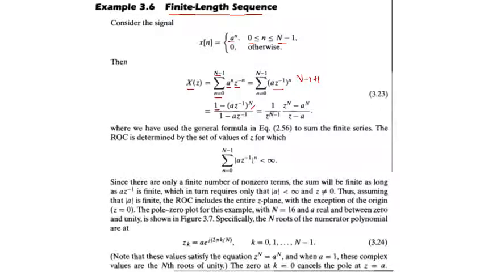If we simplify it, it becomes 1 divided by z raised to the power n minus 1, times z raised to the power n minus a raised to n divided by z minus a. I can write it as 1 minus a^n z raised to the power minus n divided by 1 minus a z inverse.